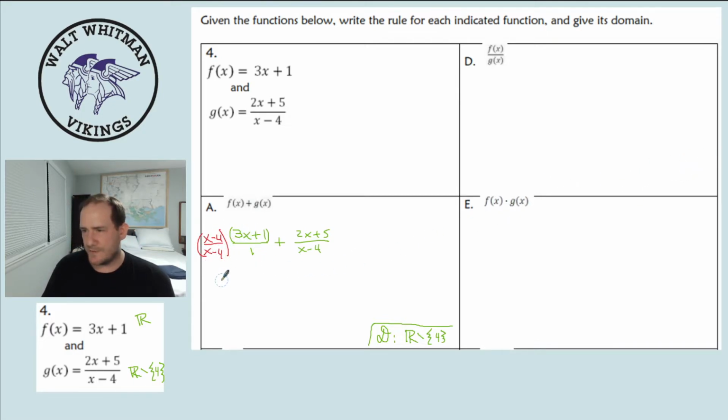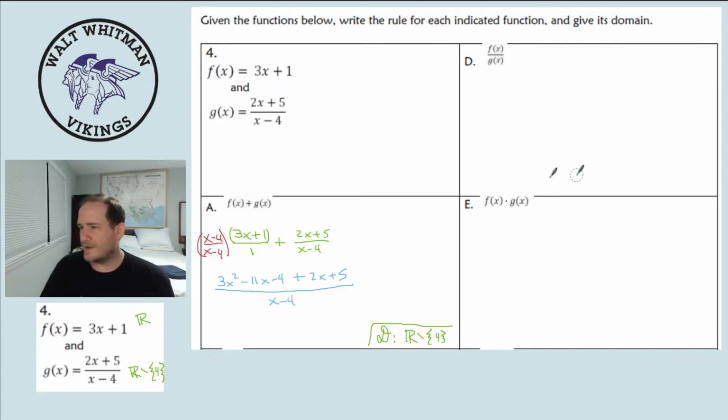It's going to be 3x squared minus 12x's plus an x, so minus 11x's, and then minus 4. And then we've got the other one too. You can technically just skip ahead and say, now I'm adding on the 2x plus 5. And you know that the whole rigmarole is just going to be over x minus 4.